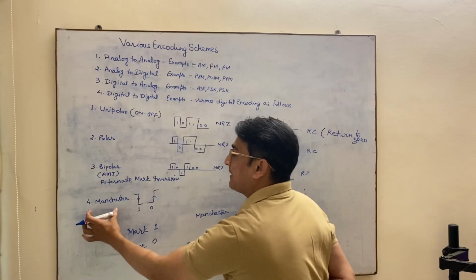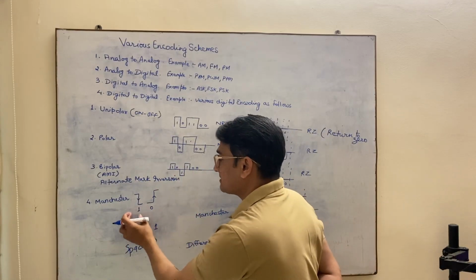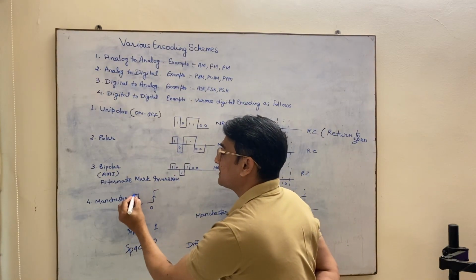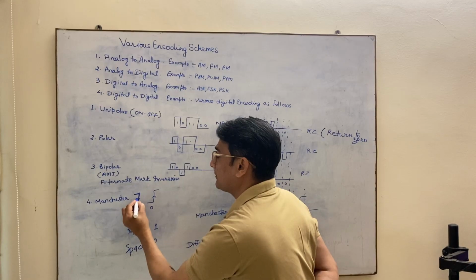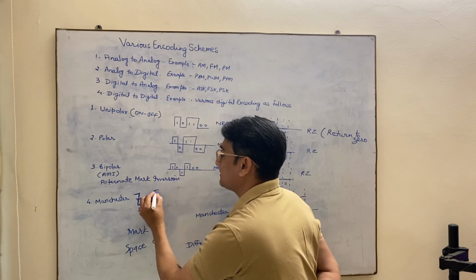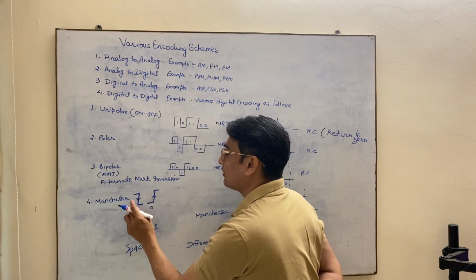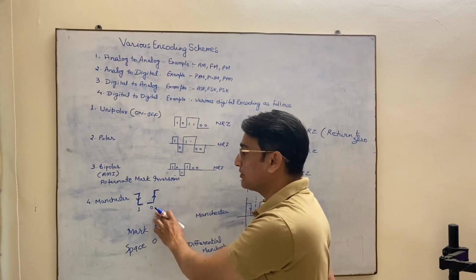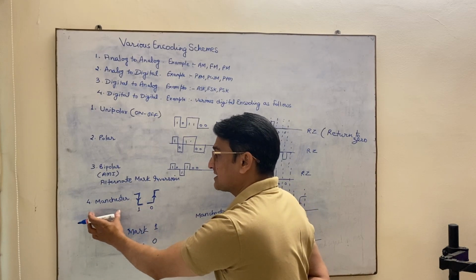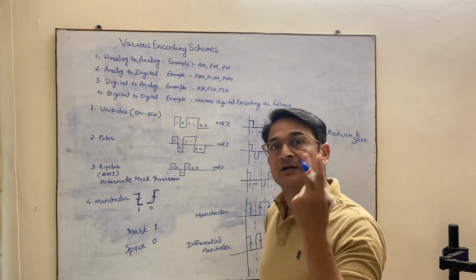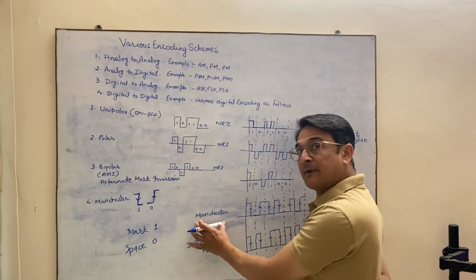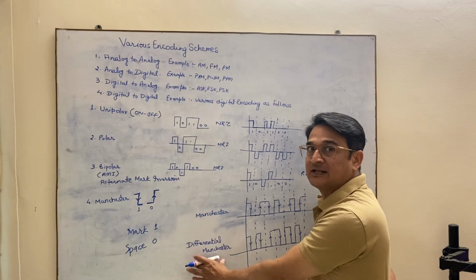Next is Manchester encoding. So in Manchester encoding, 1 is represented by downward arrow, 0 is represented by upward arrow. This is what the representation of 1 and 0 standard. This is Manchester, but Manchester has two types. One is plain Manchester, another is differential Manchester.